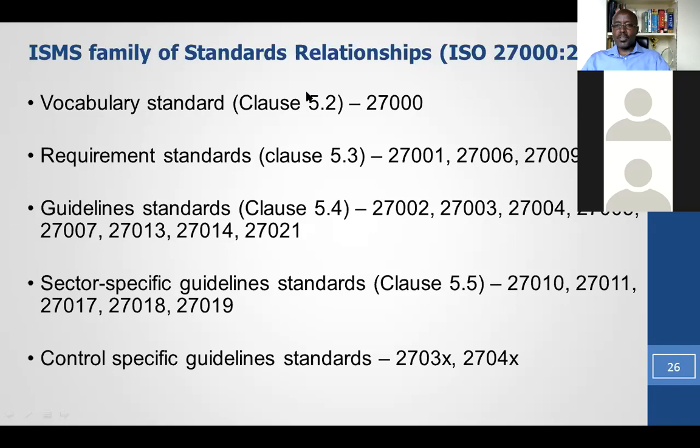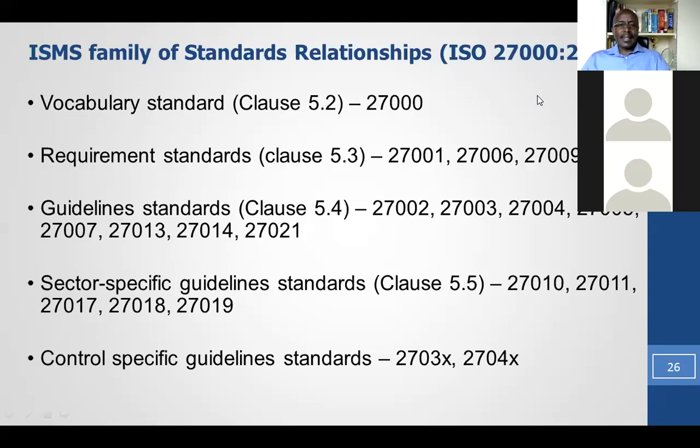So for information security, that standard is ISO 27006. Any organization that claims or wants to become a certification body to audit other organizations and certify them, then they have to meet those requirements. Then there is ISO 27009, which also gives some other requirements for other bodies.